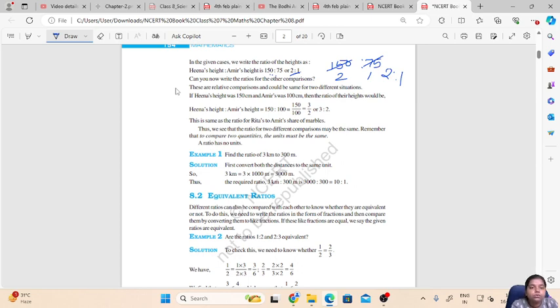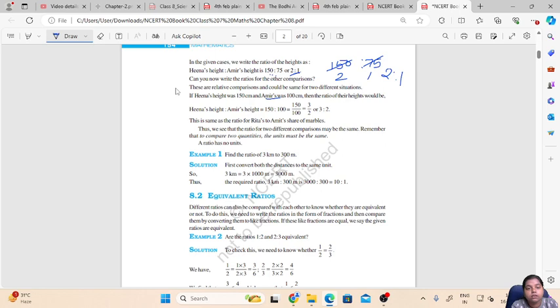So if Hina's height was 150 centimeter and Amir's height was 100 centimeter, then the ratio of their heights would be how much? Hina's height is to Amir's height. Hina's height would be 150 and Amir's height 100. Here it was 75, but here they have given one condition.